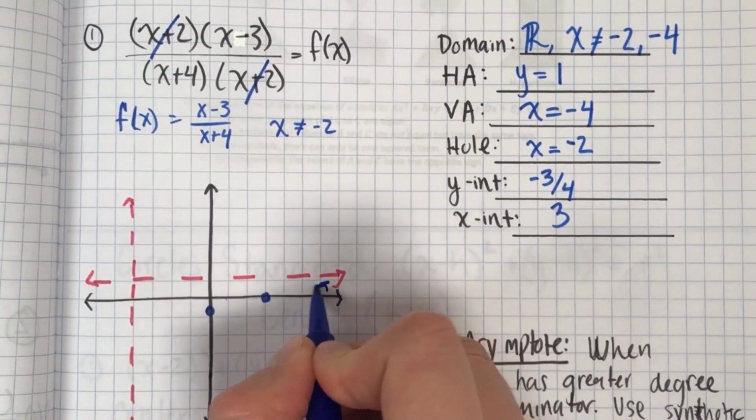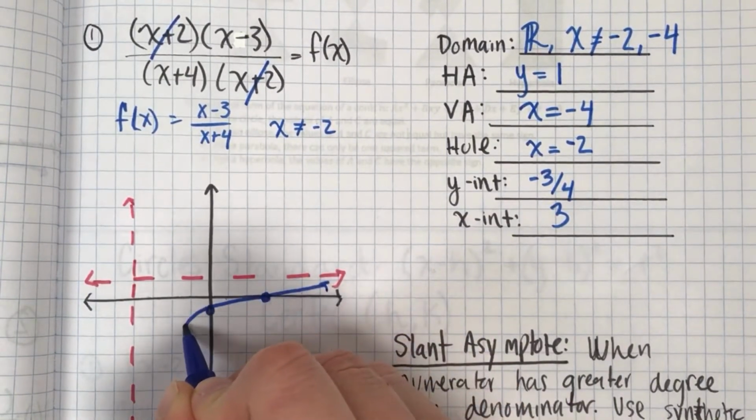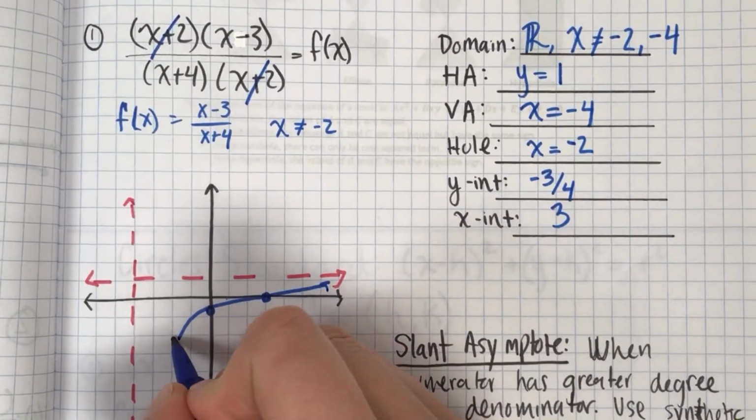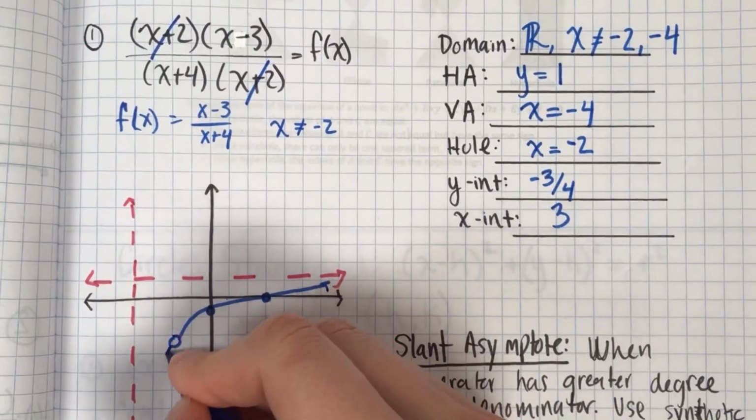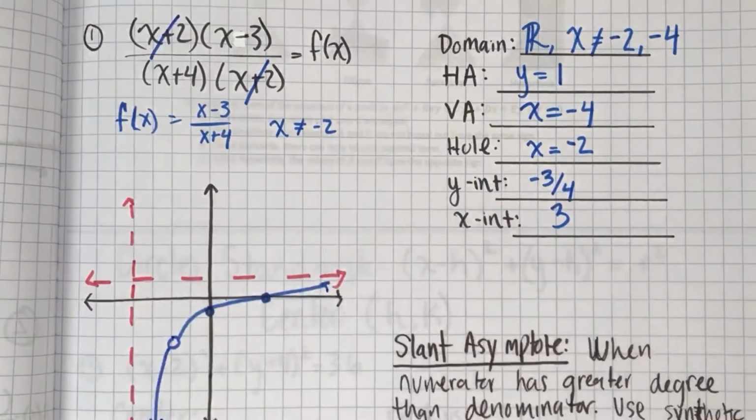So if I were to graph this, right about here at negative 2, I'm going to have a hole, and then I'm going to continue graphing.